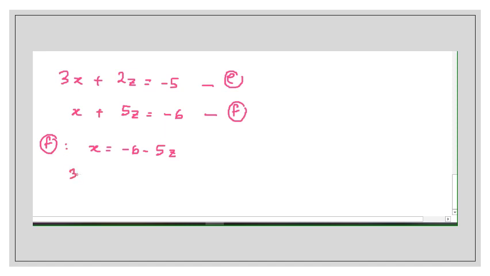Now equation E is 3x plus 2z equal to negative 5. Your 3 bracket negative 6 minus 5z, plus 2z equal to negative 5.